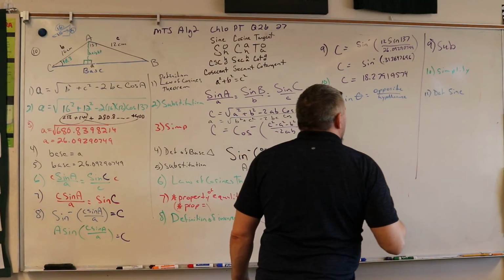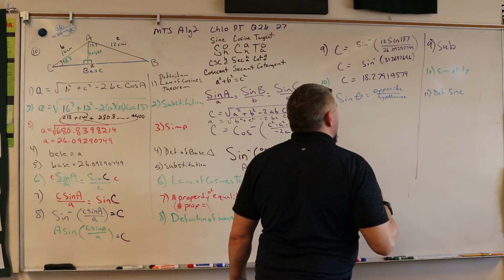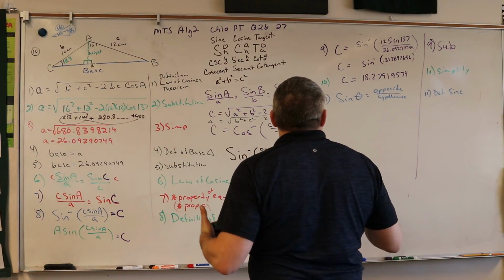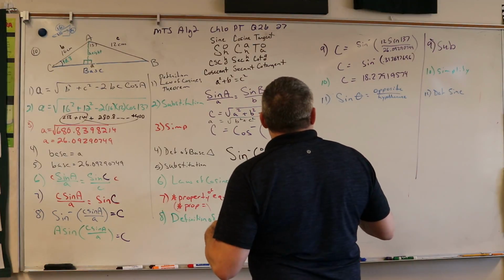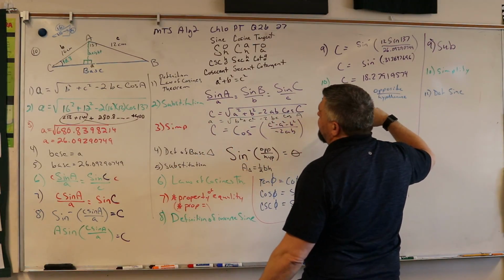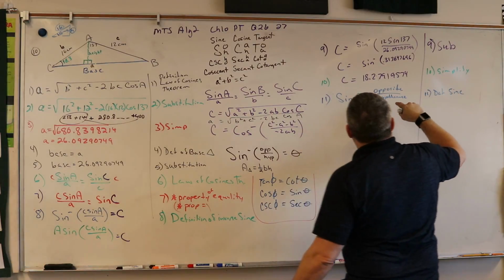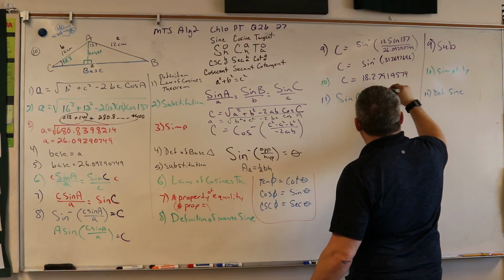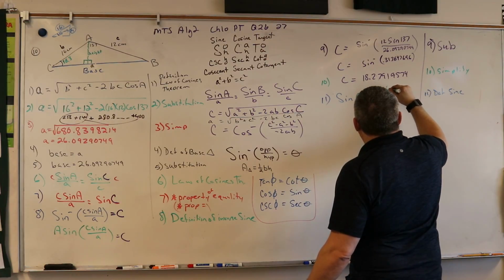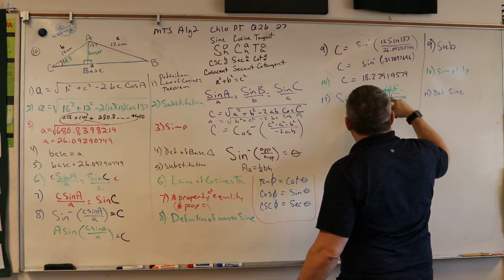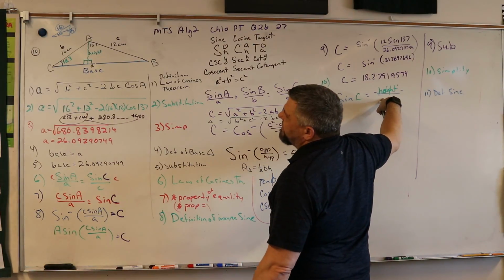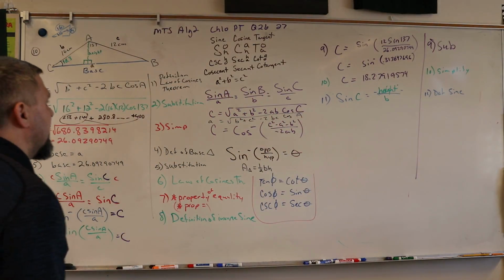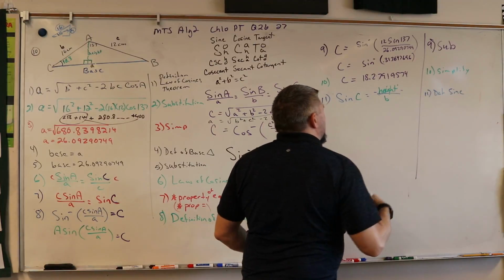Well, you know what we could do? Instead of plugging the big numbers in, we could just, right now, say the sine of C, and the opposite, which is the height. Height. Okay? And the hypotenuse, which is the B. And that's the definition of sine. Okay? And then we can solve for the height.